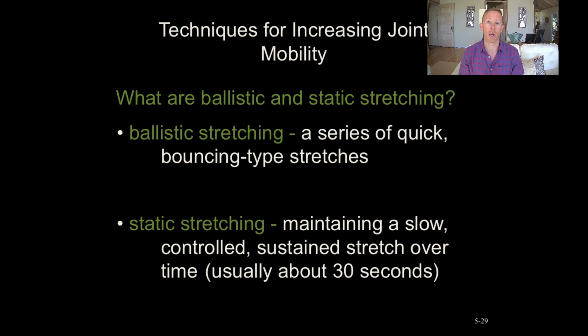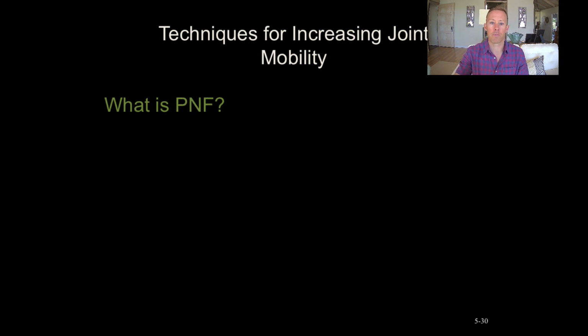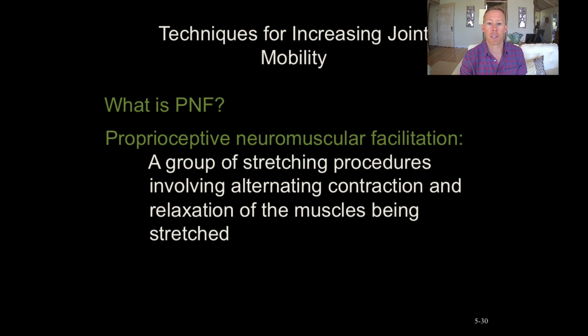Yoga has a lot of static stretching. So yeah, just the definitions for those. Maybe you've heard of PNF. It stands for proprioceptive neuromuscular facilitation. These are stretching procedures where you're using alternating contraction and relaxation cycles to improve somebody's flexibility and mobility.